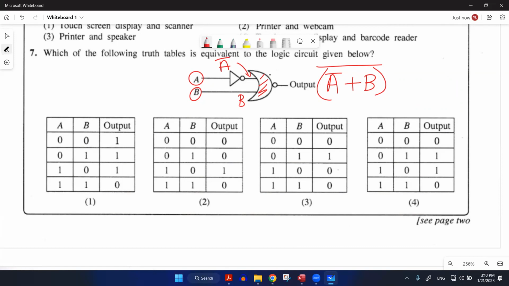To do that, we can have column A and column B, with the combinations 0, 0, 0, 1, 1, 0, and 1, 1. Then I'm going to create A bar because I need that in my equation: 1, 1, 0, 0.